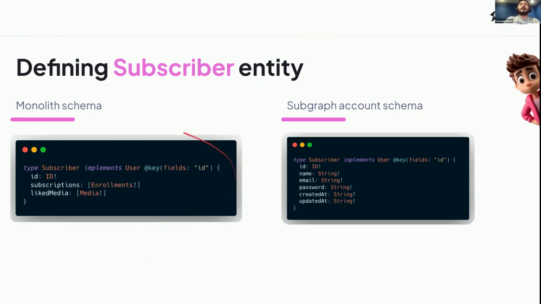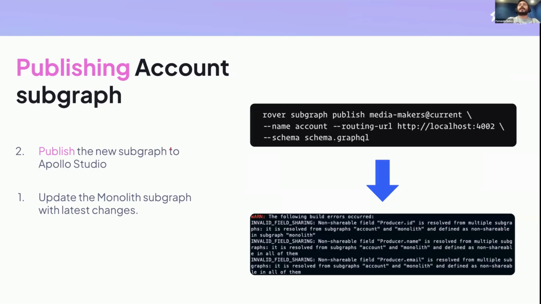And we have a similar approach for the subscriber. We move all the fields that the account subgraph is going to take care of to the account schema, and we keep the fields that are going to be resolved by the monolith, that don't belong to the account subgraph, and we define them as an entity.